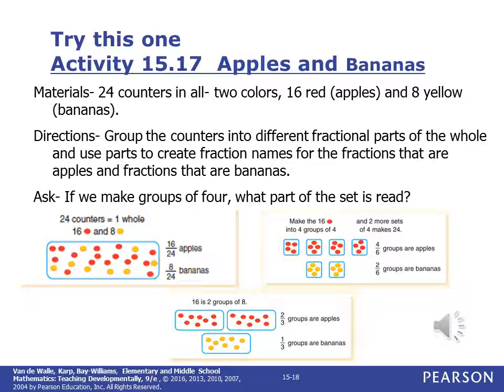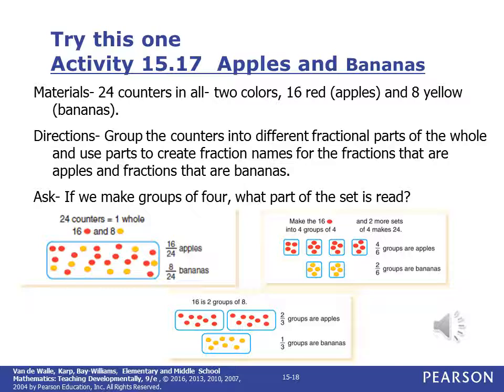Let's say that students are given 24 counters in 2 colors, 16 red and 8 yellow. And you can even get a little creative and say, let's let the red ones represent apples and the yellow ones represent bananas. And let's say you ask the students to group the counters into different fractional parts of the whole.